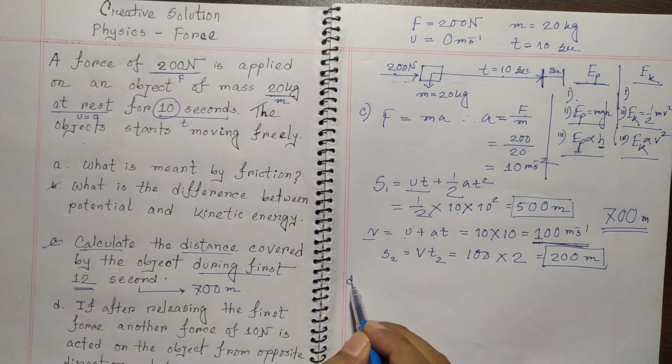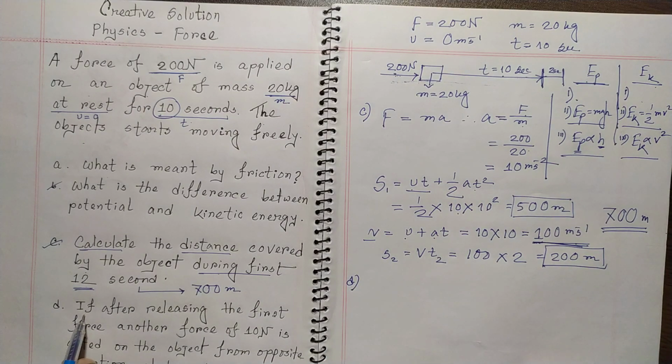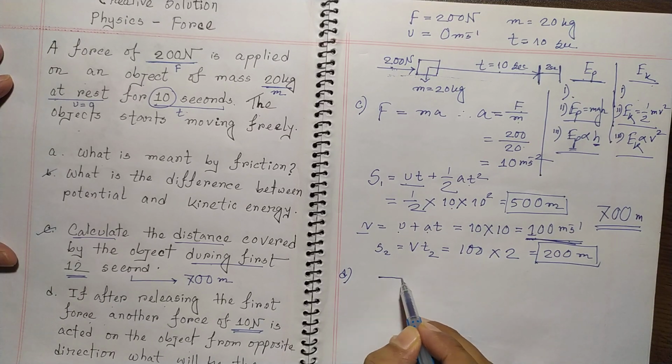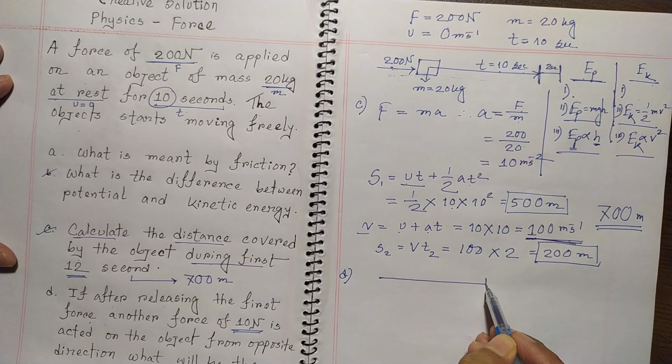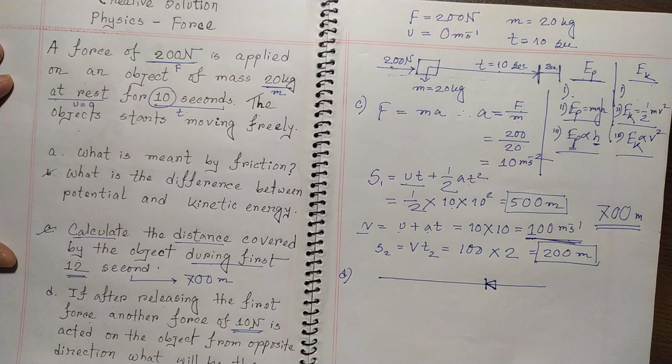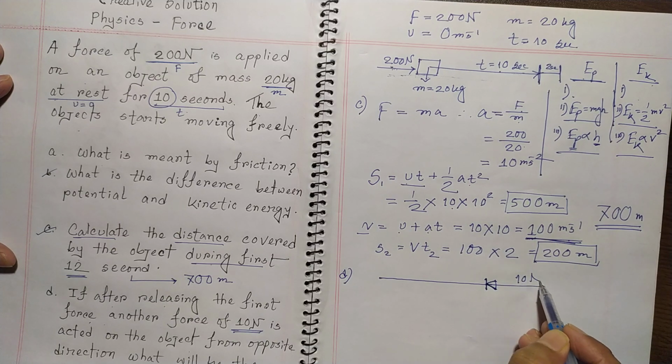Now think about D. If after releasing the first force, another force of 10 Newton is acted on the object from the opposite direction. So think about it. It started to move for 10 seconds, and then another force is acted just opposite, and this is 10 Newton.